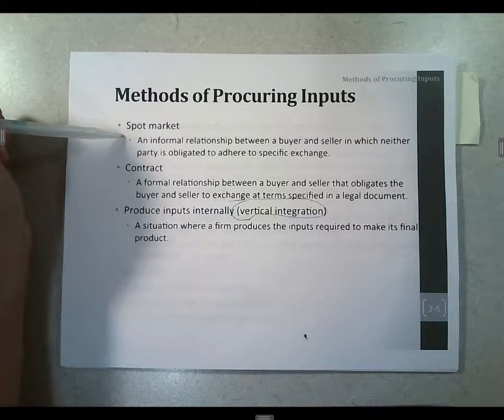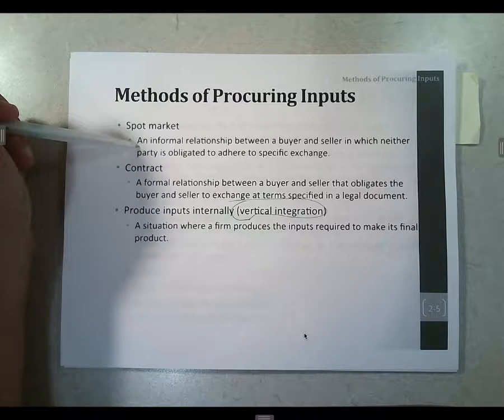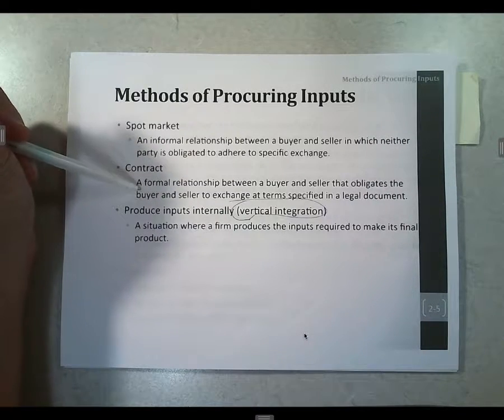The alternative way would just be the spot market. The spot market is the one where I just go out into the marketplace and I just say, hey, I want to buy this, or hey, I'm trying to sell this, and then someone else comes by and buys it or sells it. And I may know that person, I may not know that person. In a contract, the knowledge of who the seller is and who the buyer is, that's much deeper knowledge.